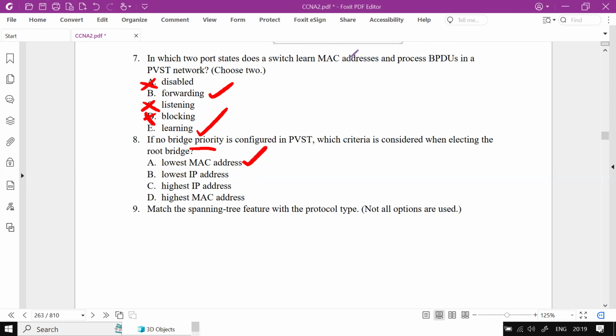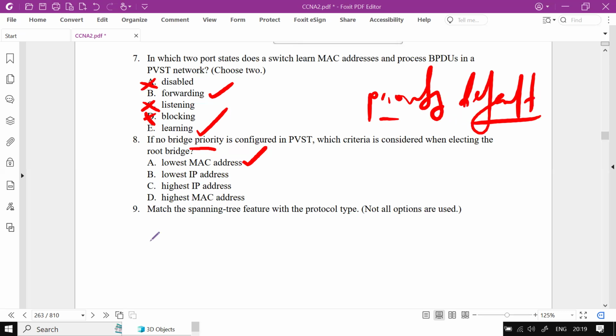So to elect the root bridge, you can go for the bridge priority, which is sometimes equal if it is left at default. We can change it. If you have a lower bridge priority, then that one automatically becomes the root bridge.